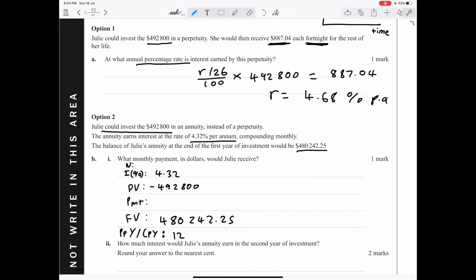And N is 12 because we know that the interest is compounding monthly. So 1 year would be 12 months. And then now we just have to find the monthly payments. If you enter that on your finance solver, you'll get 2800.00. So therefore the monthly payment would be $2,800 every month.